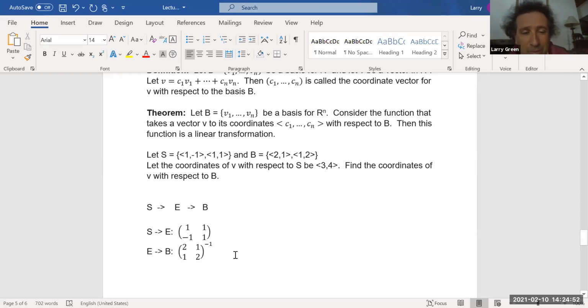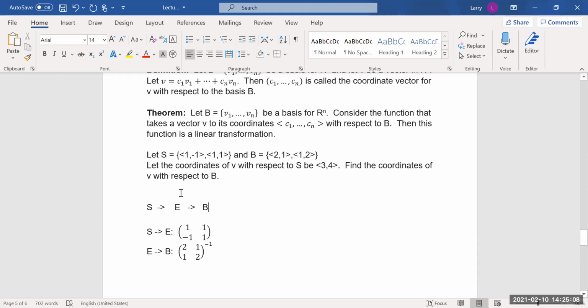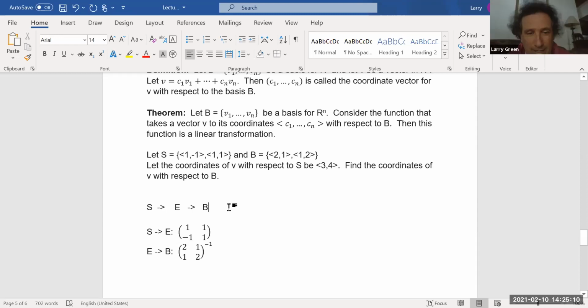Okay, so now we're ready to put everything together. Which do we do first when you're doing this drive from S to B? Go S to E first. Right. Now you have to be very, very careful.